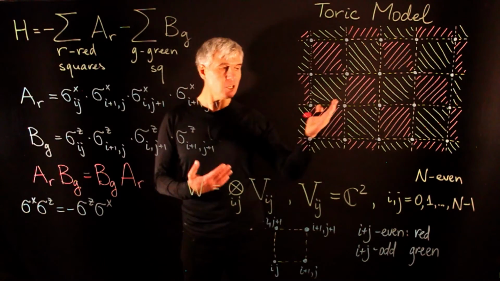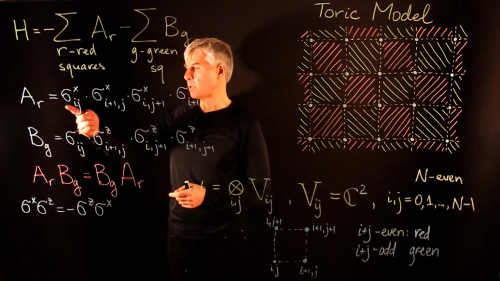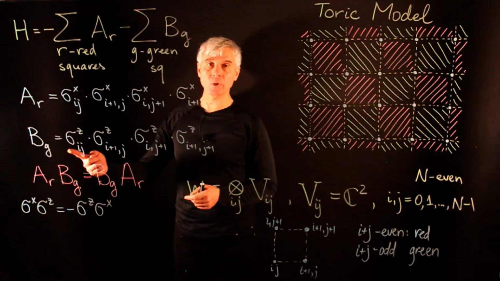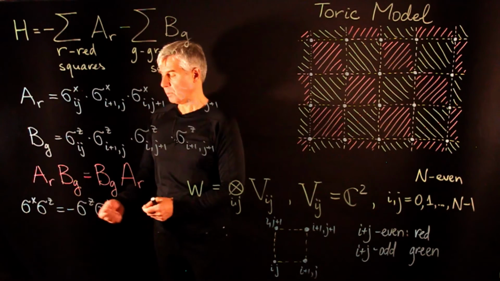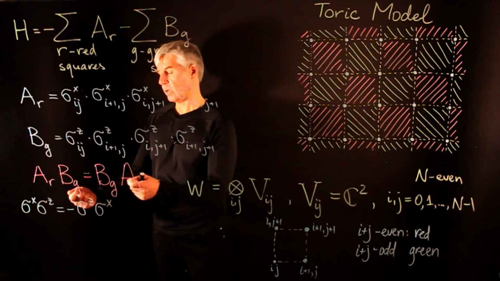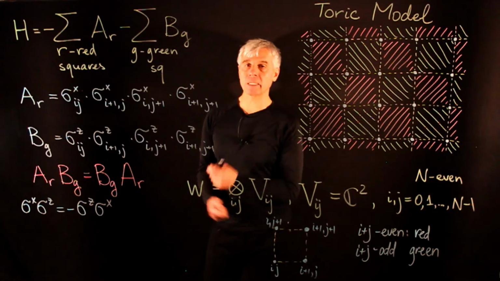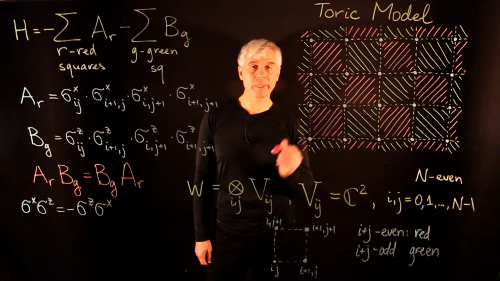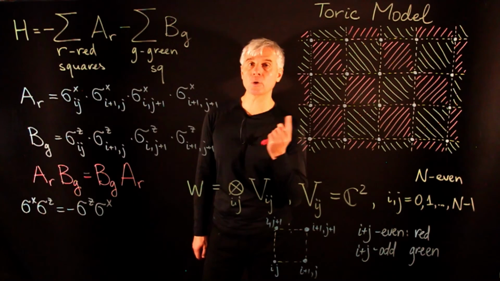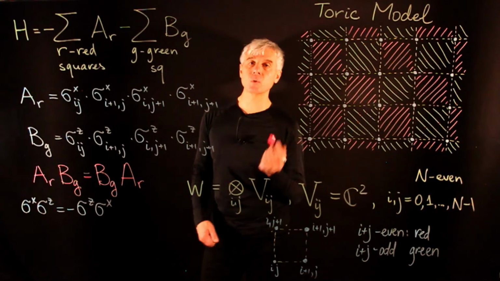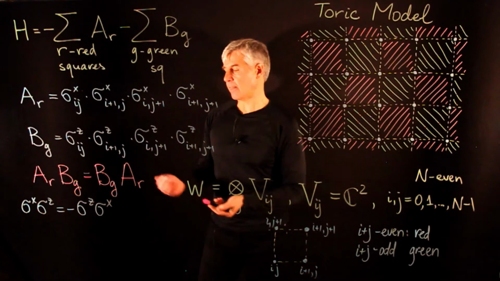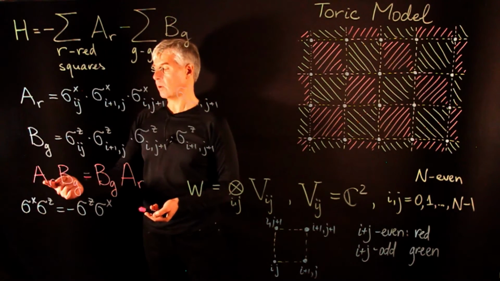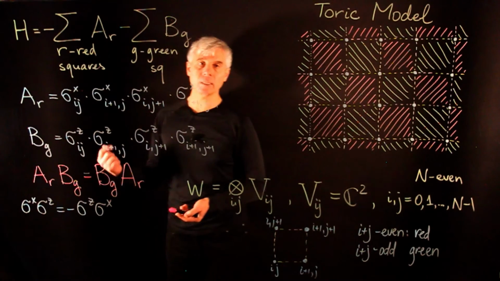In these locations, the sigma x operator and sigma z operator will not commute. Rather, we will get a negative sign when we try to push one operator across another. But we have two vertices in common, and so this negative sign will occur twice. These two negative signs will cancel, and then we obtain commutativity of A_R with B_G even for neighboring squares.